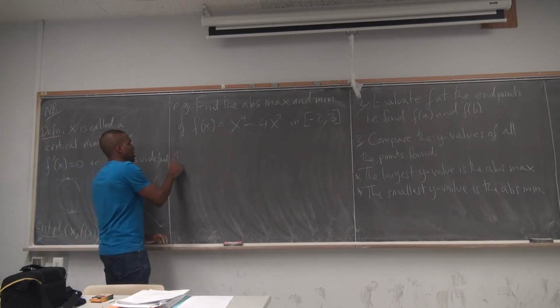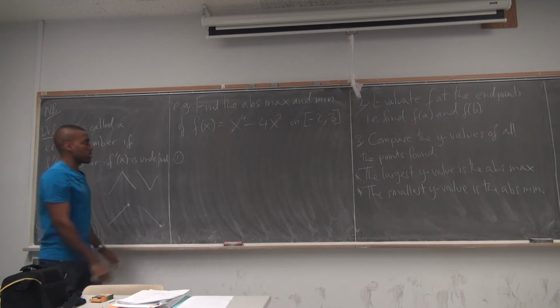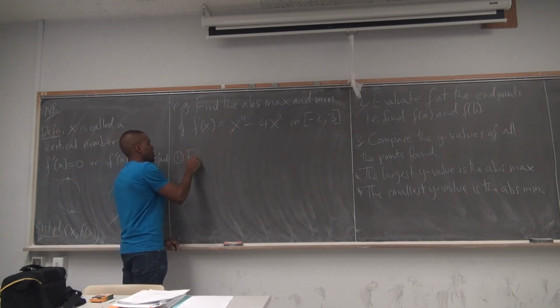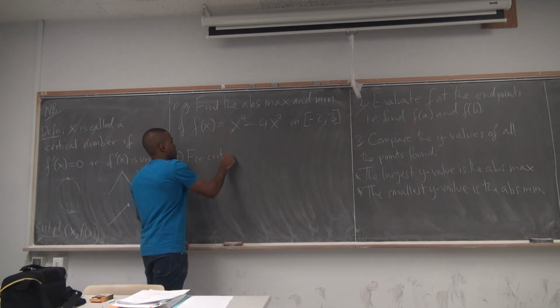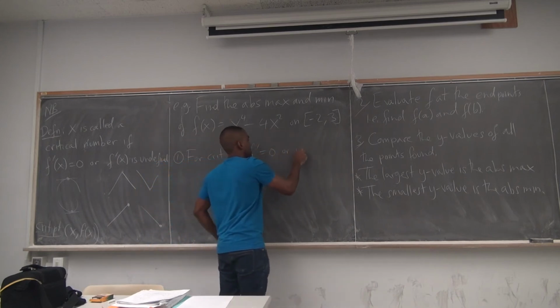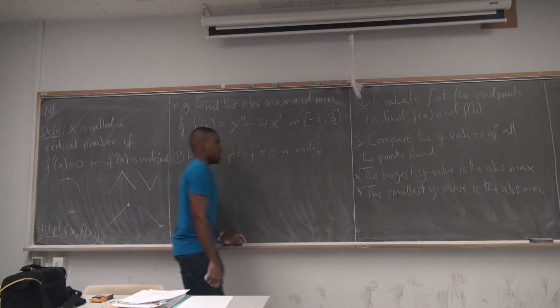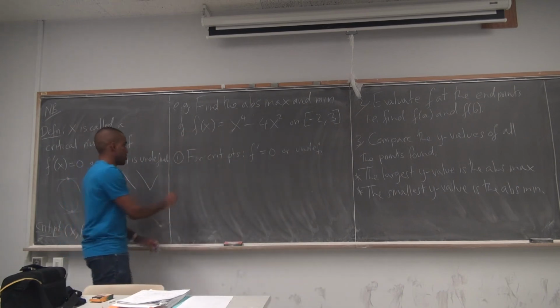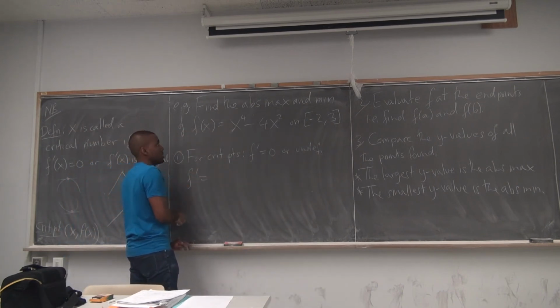So step one is we need to find the critical points. For critical points, remember that f prime equals 0 or is undefined. So I'm going to find f prime.